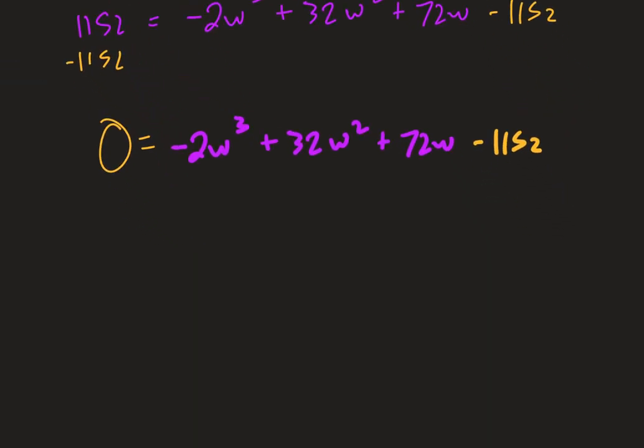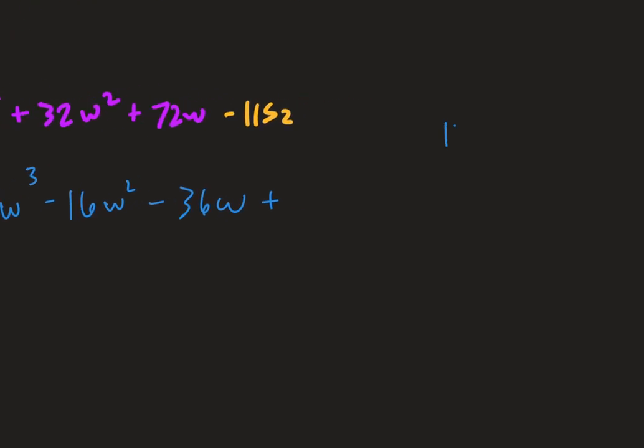Now, they all have a 2 in common. The entire thing does. And I'm going to factor out a negative. So this is W cubed minus 16W squared minus 36W plus, let's see, 1152 divided by 2. That's 576. Fun.